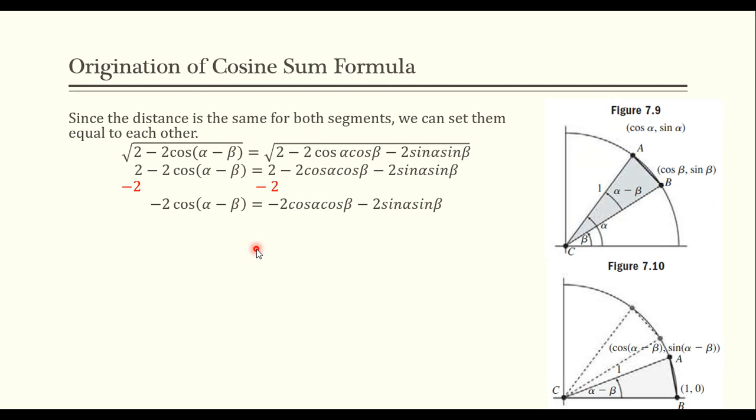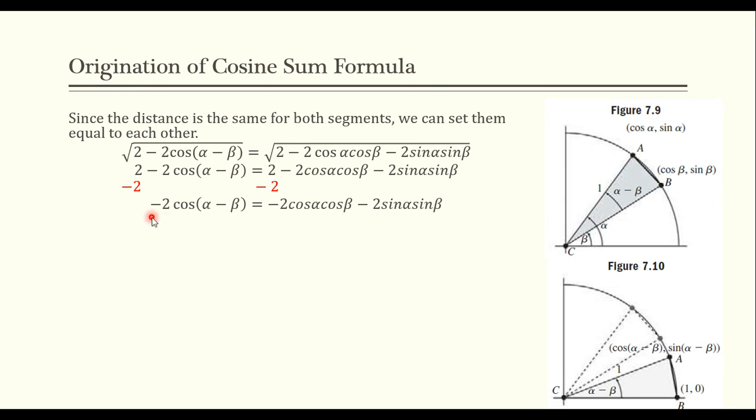So let's look a little bit further here. What does the left-hand side have in common with the right-hand side? A simple arithmetic calculation that I can perform is going to simplify this expression even further. I have negative 2 cosine of (alpha minus beta) equals negative 2 cosine alpha cosine beta minus 2 sine alpha sine beta.